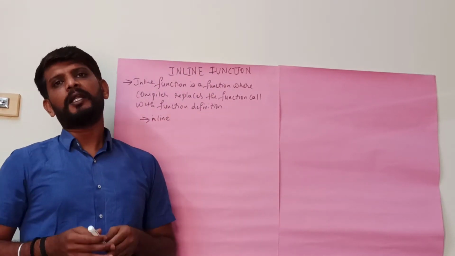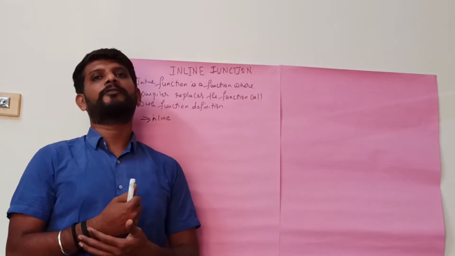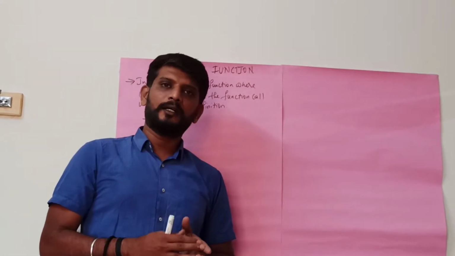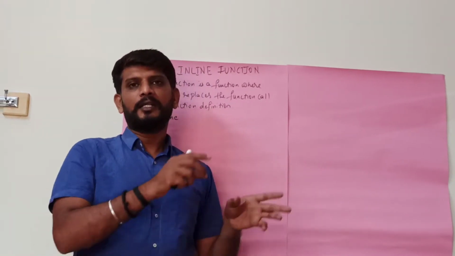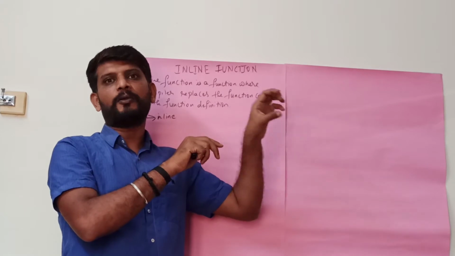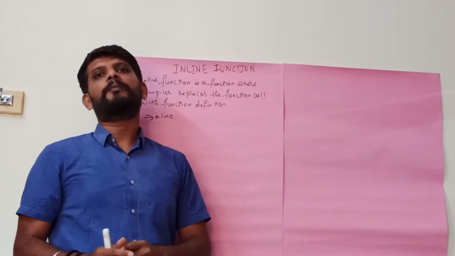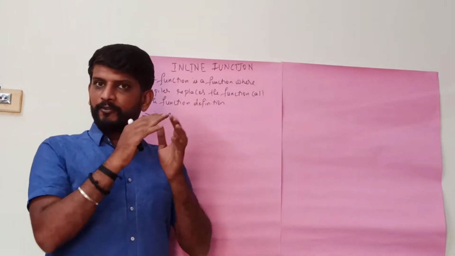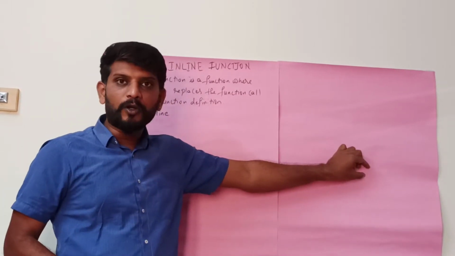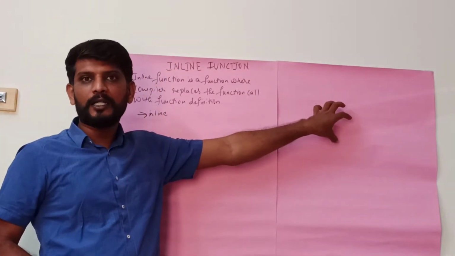Now let us see what exactly is the disadvantage of using the inline function. Whenever you are using the inline function, you have a function definition. That function definition will be occupying some space. Again, you will be having the function call. When you call the function, the single line of code will be replaced with the code that is already present.